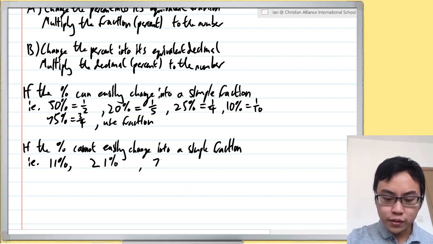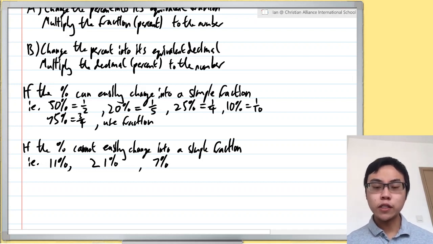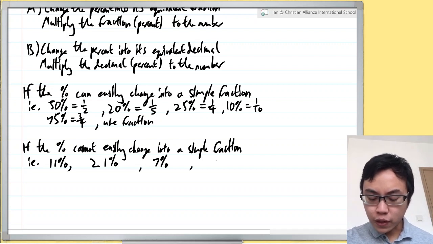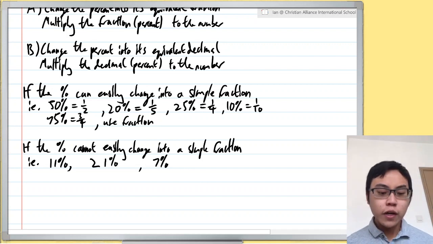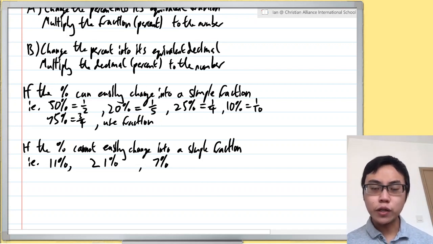Even 7% is not an easy fraction. It cannot change into an easy fraction. Let's just leave it at these three for now. 11%, 21%, 7%, we cannot easily change them into a simple fraction.